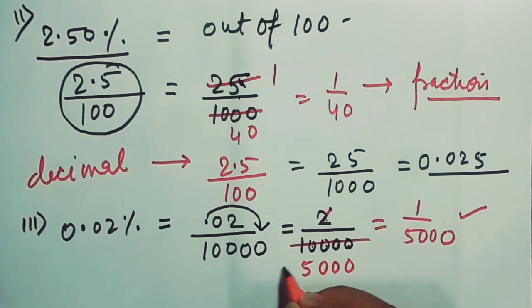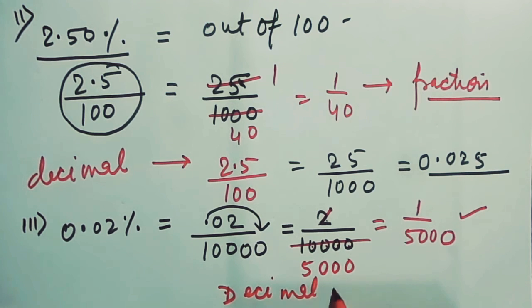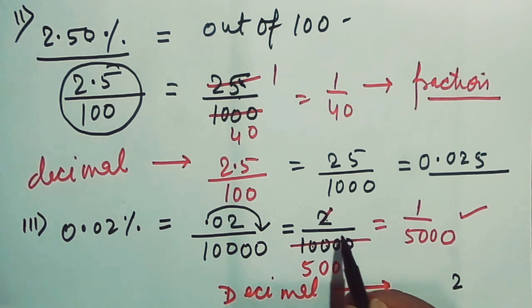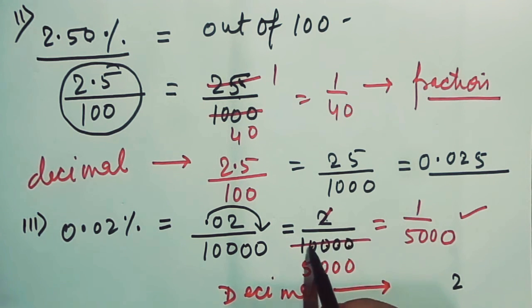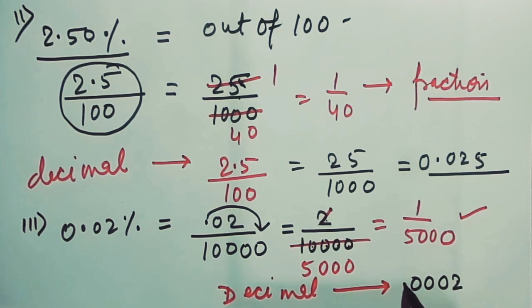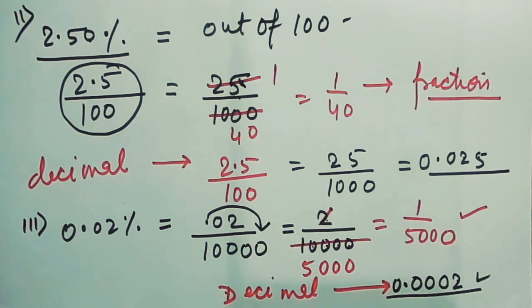Means in decimal form, it can be written as 2, and the decimal will move 1 2 3 4 places, isn't it? You can put 0 over here. So this is how we can change the percentage into decimal form. Okay, let us do one or two more.